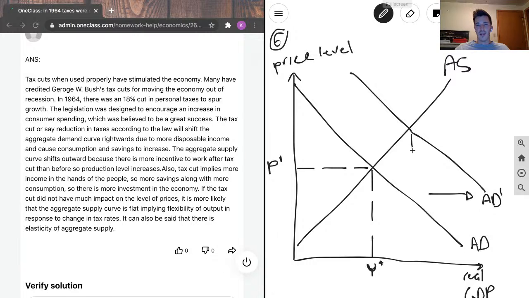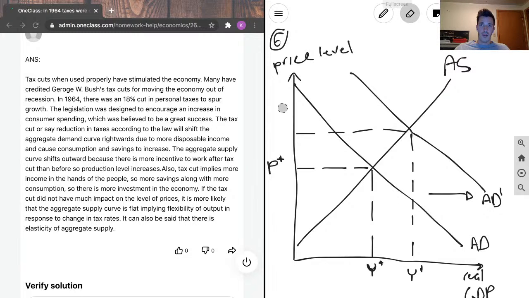And there's been this increase to aggregate demand. And this increase is going to cause real GDP to rise, so output is going to go up, which is good when you're trying to get out of a recession. But as a result, the price level is also going to rise.